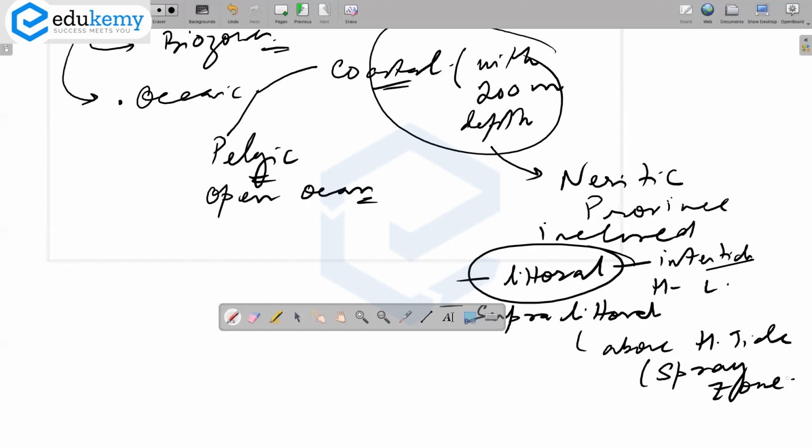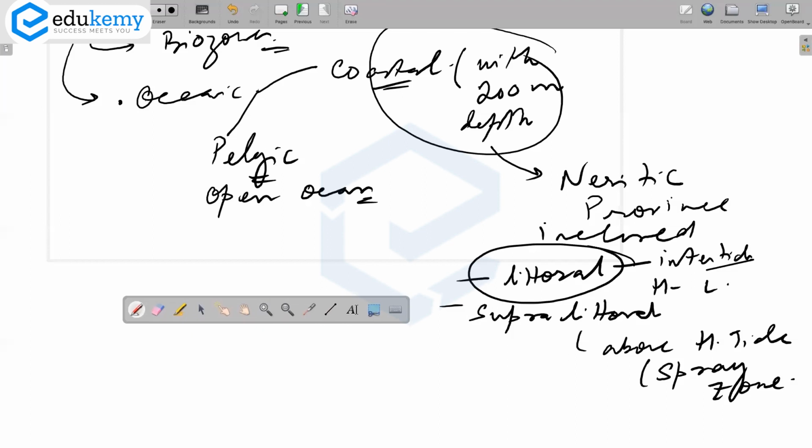Water enters here only in case of abnormally very high tides, tsunamis, and storm surges. Supra-littoral includes the mangrove forests also. This is the salt spray zone.